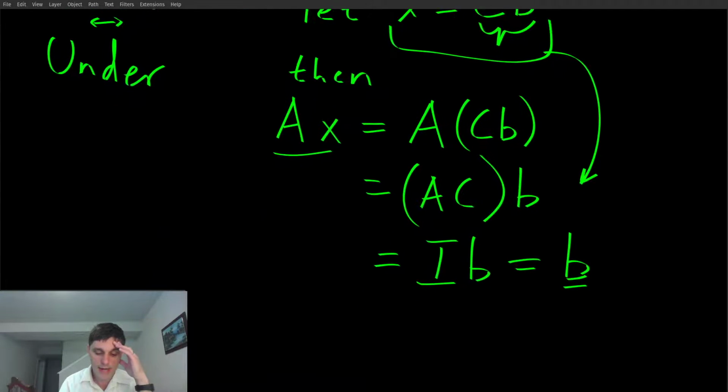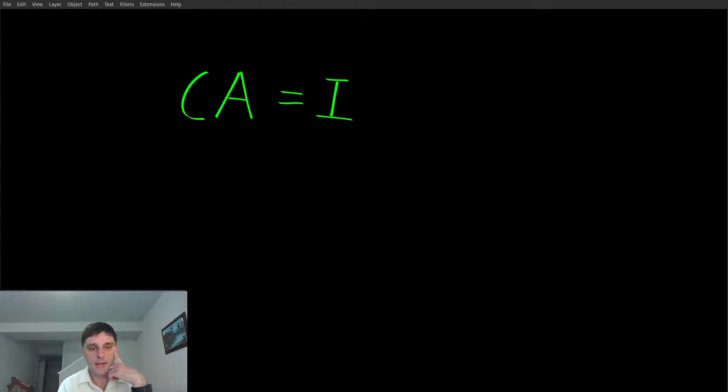And one way you can see how that plays out is to look at what happens if you take the transpose. So if you have some left inverse, CA is equal to I, right? Then we can take the transpose of both sides.